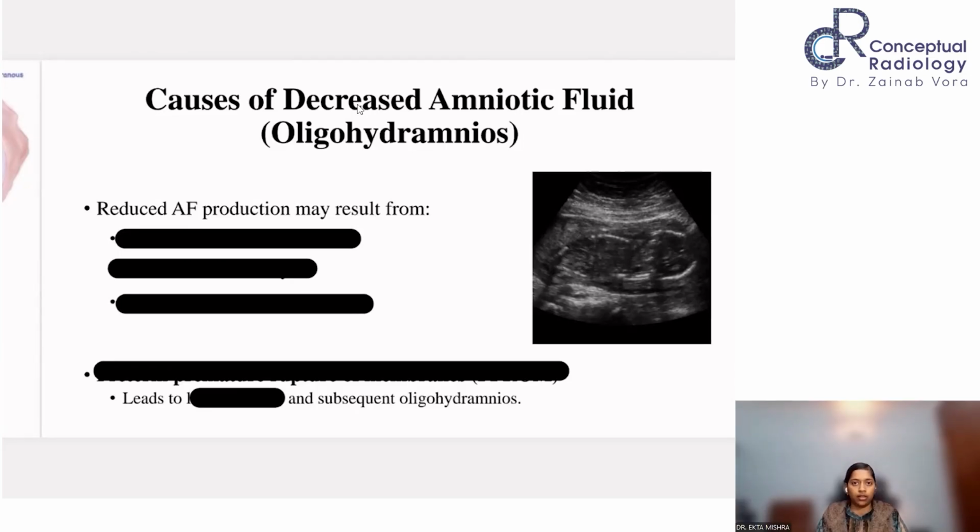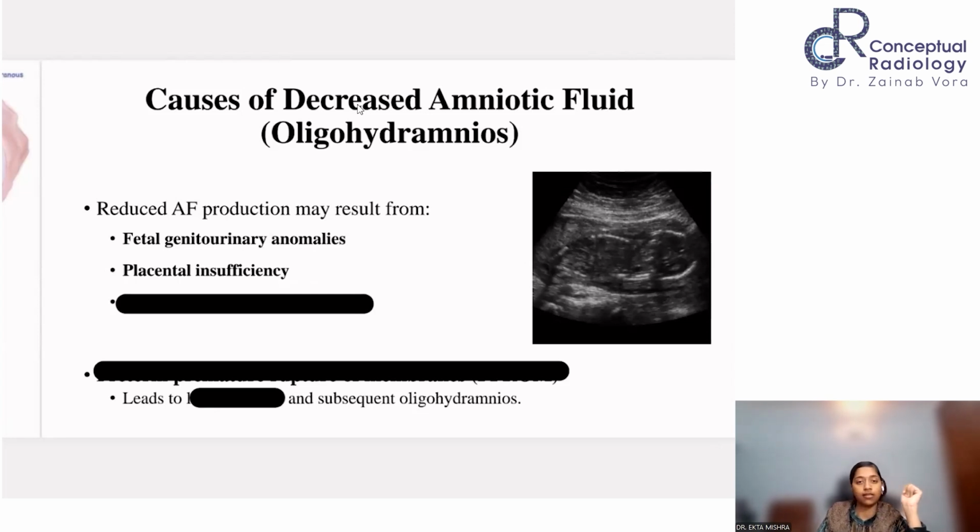Very good. Excellent. So oligohydramnios can be due to reduced production. Now production, kidneys. So fetal genitourinary anomalies are the first structural abnormality that should strike you when you see decreased liquor. Second is the placenta might be insufficient, and then the baby can be IUGR or SGA.